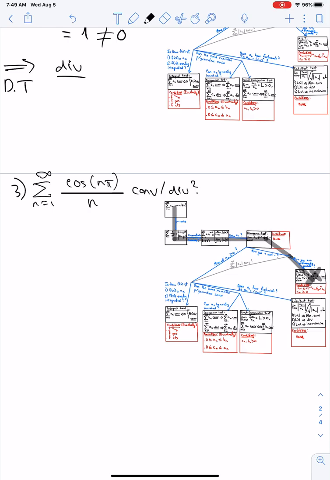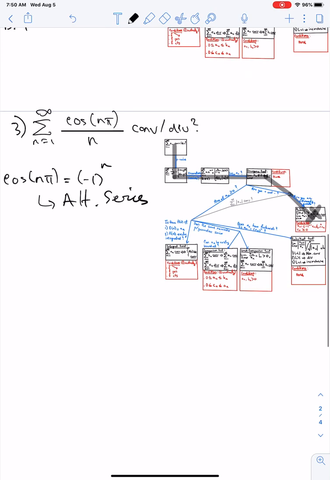Okay. So again, just a couple of observations. Cosine of n pi is (-1) to the n, so this implies that we have an alternating series. Now the conditions: we know 1 over n is decreasing, pretty obviously, and the limit as n approaches infinity of 1 over n is equal to 0.